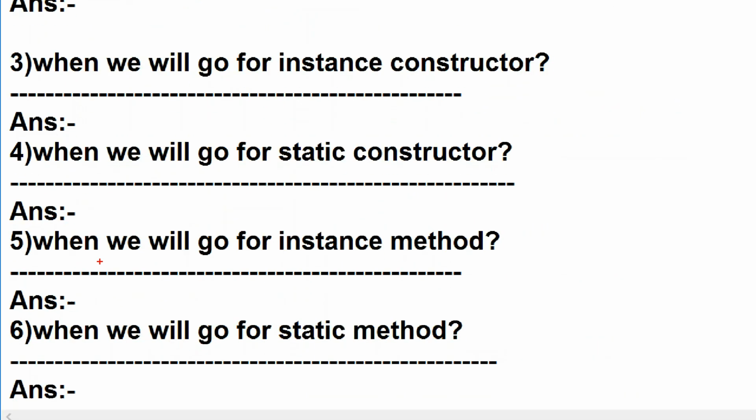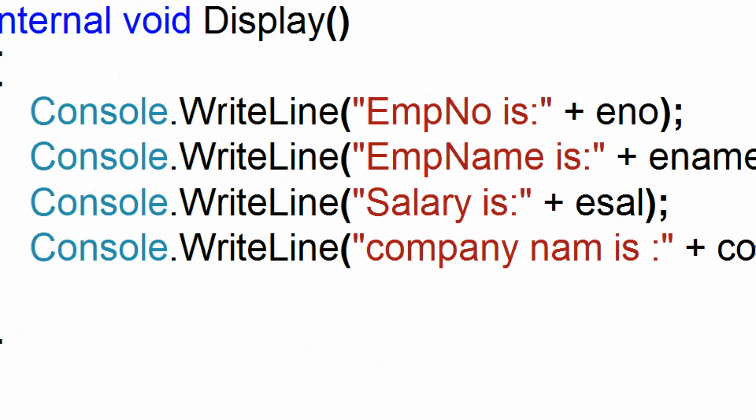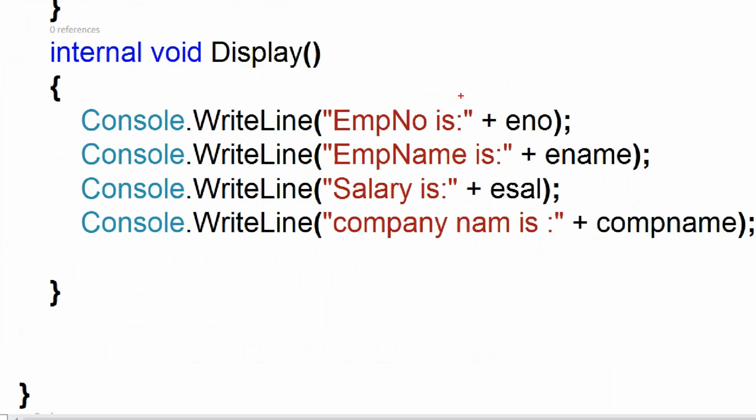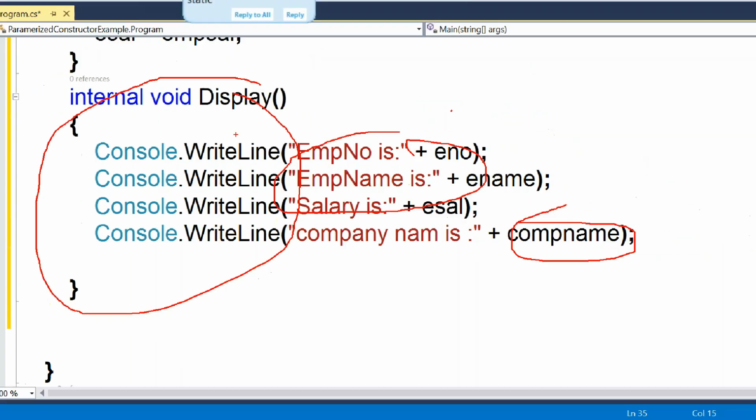Whenever you want to perform operations on only instance variables, or instance variables plus static variables. Here the display method is performing operations on instance variables, say 90%, and the static variable, 10%. So you can define it as an instance method.